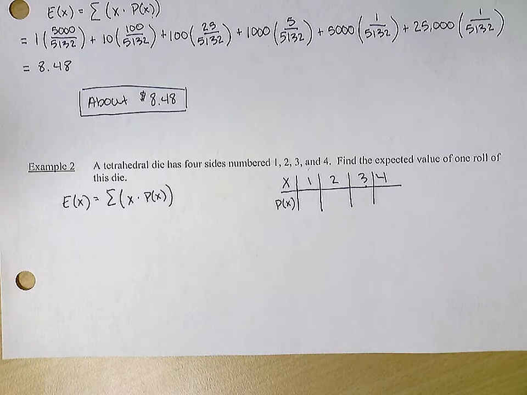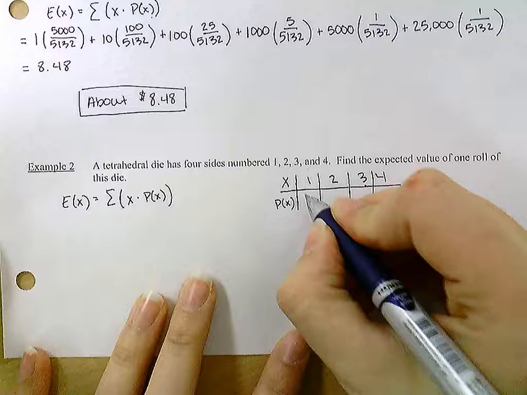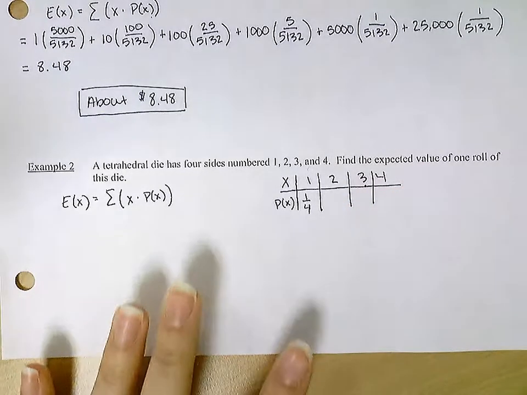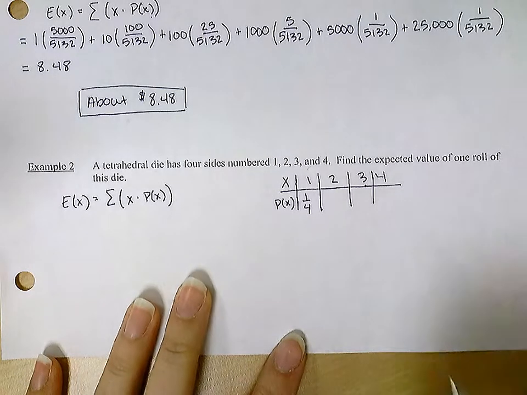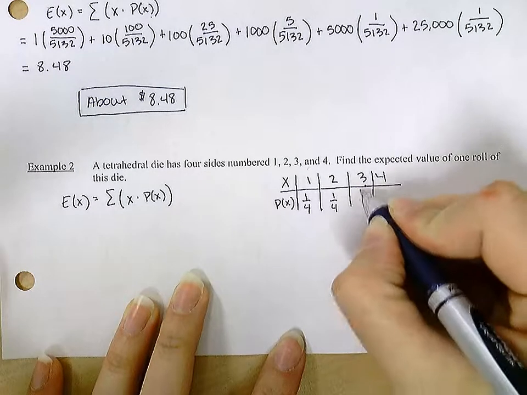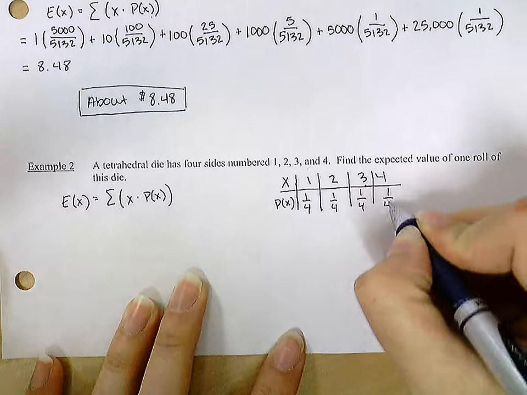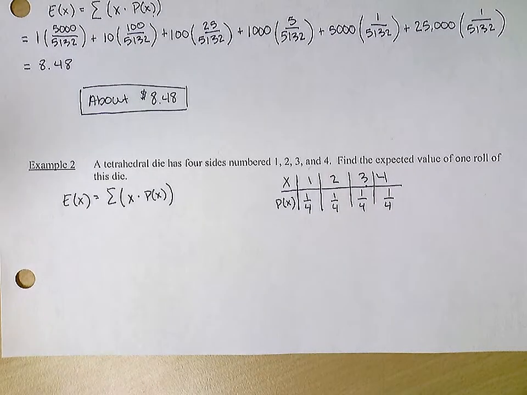If it's a 4-sided die, 1 out of 4. What's the probability it lands on 2? 1 out of 4. So you have a 1 out of 4 chance that it lands on any of those numbers. Now that I know what x and p of x are, I can find that expected value.